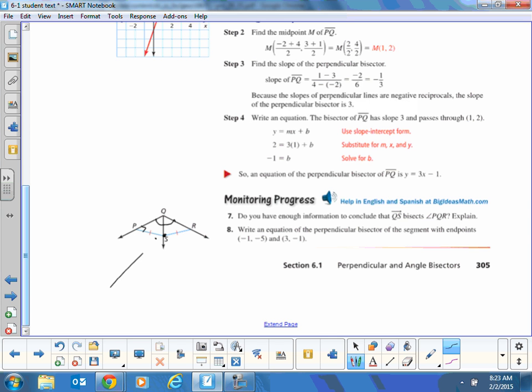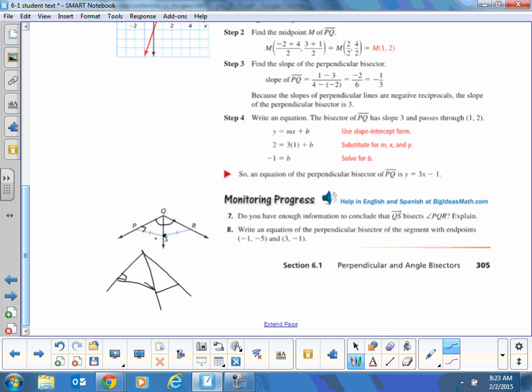So in other words, you could have this angle here congruent to this angle here, this line here. However, they're not hitting at a perpendicular angle, then they're not the shortest distance. So we don't have enough information because these are not hitting at a perpendicular angle.